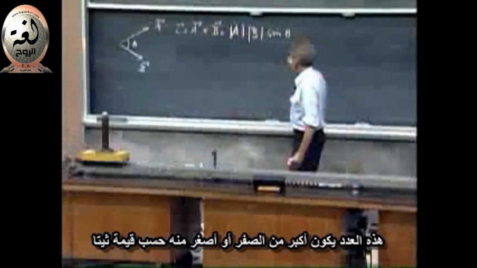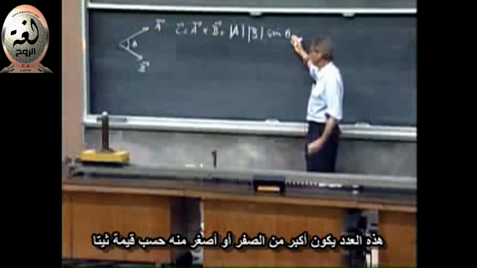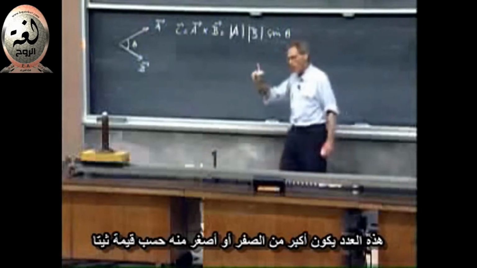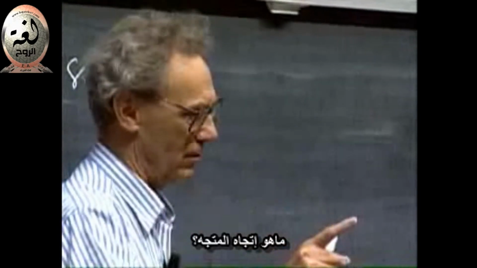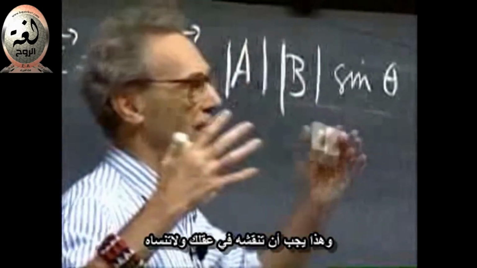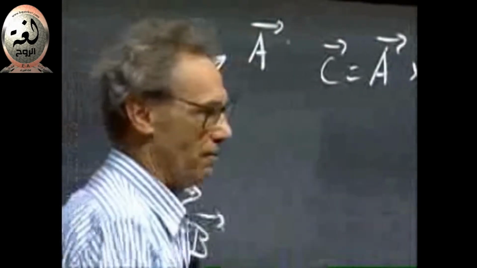This number can be larger than 0. If the sine theta is larger than 0, it can also be smaller than 0. Now we only have the magnitude of the vector. And now comes the hardest part. What is the direction of the vector? And that is something that you have to engrave in your mind and not forget. The direction is found as follows.